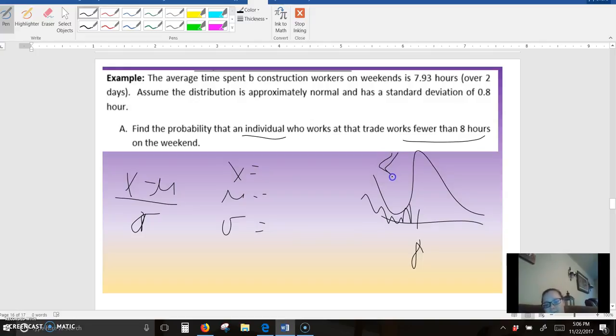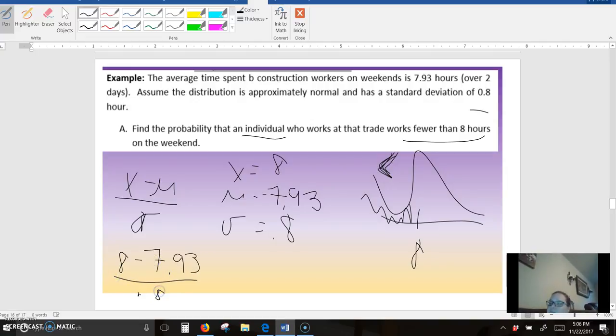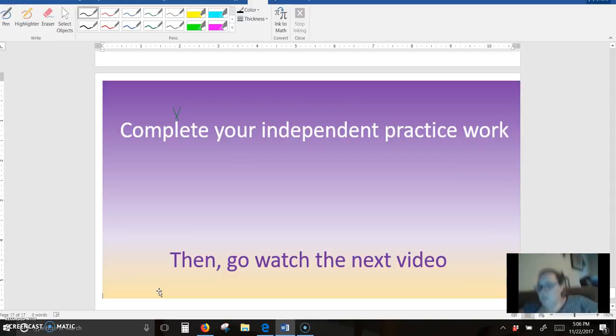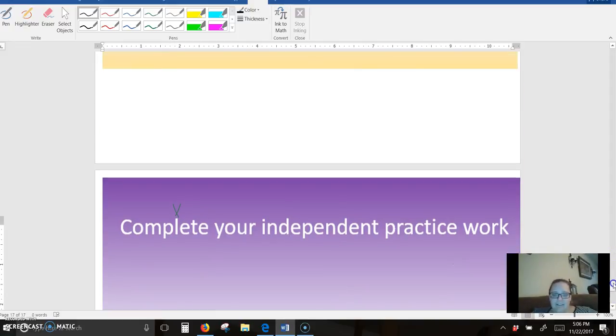The standard deviation is 0.8. The average is 7.93, and then our value is 8. So I'm going to do 8 minus 7.93 over 0.8. Oh, I'm trying to get my calculator.